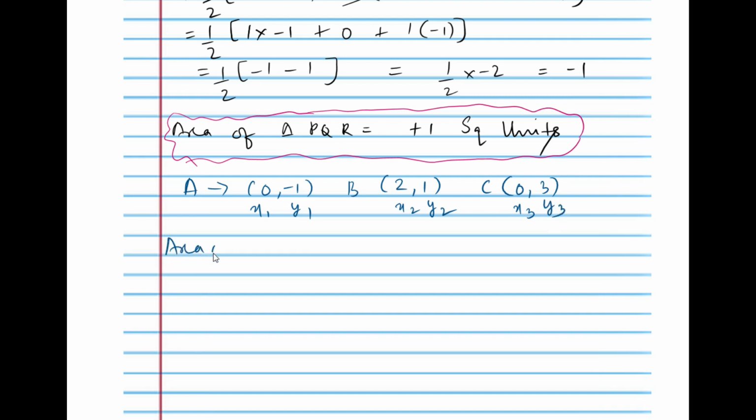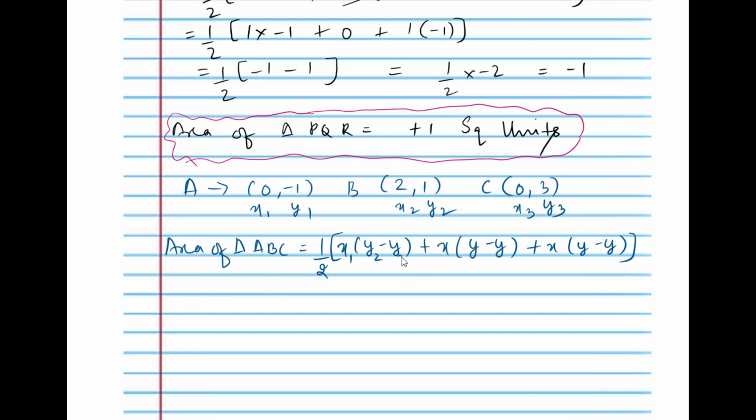Now, area of triangle ABC equals half into x1(y2 - y3) + x2(y3 - y1) + x3(y1 - y2). I'll write the formula again so that it will be a practice for you.